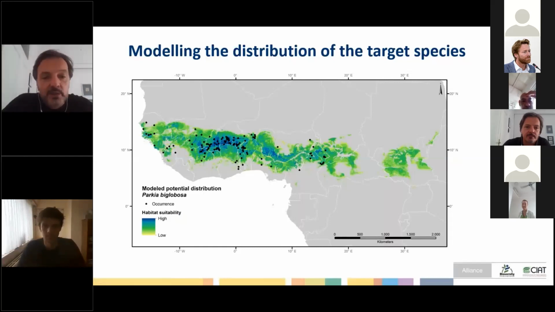And it can also be interpreted as probability of presence. So at this stage, we're trying our best to assess the distribution of the species. In reality, in many cases, we also use expert feedback to refine these maps. But I'm not going into this detail because there is not enough time in the presentation here.